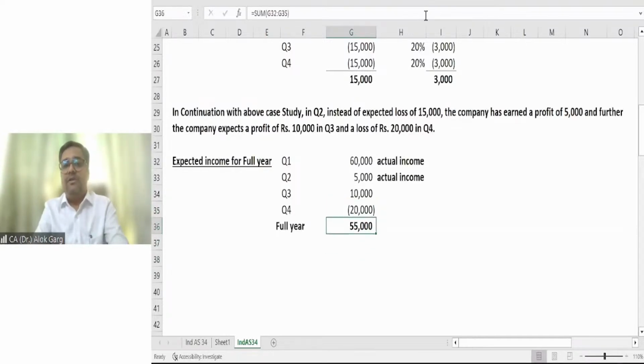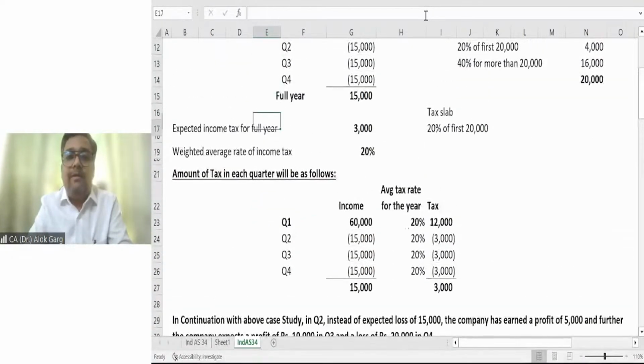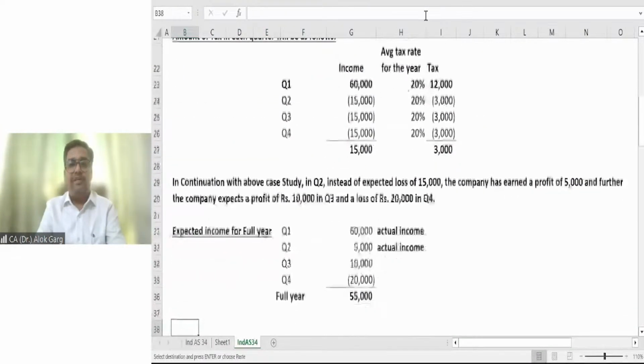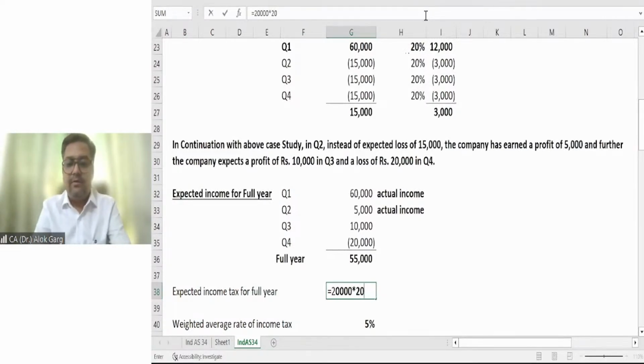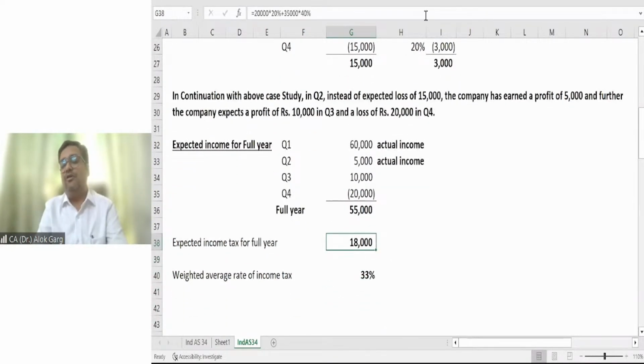It becomes 55,000. Your full year is 55,000. So your expected income for the full year is 55,000. The tax is 20% on the first 20,000, plus 40% on more than 20,000, which is 35,000. So what is your total tax on 55,000?